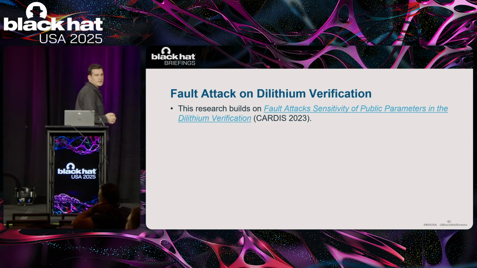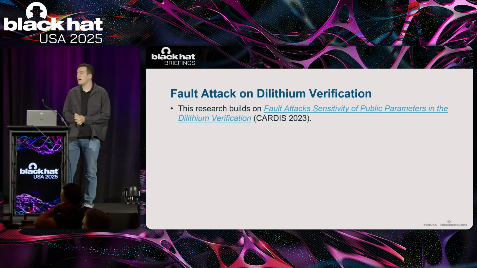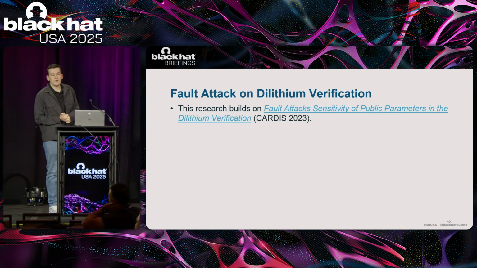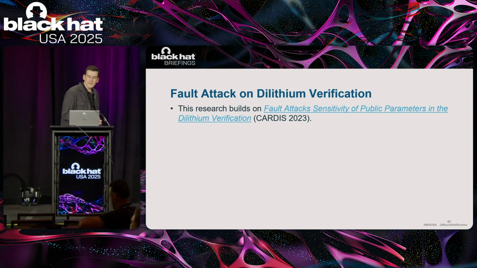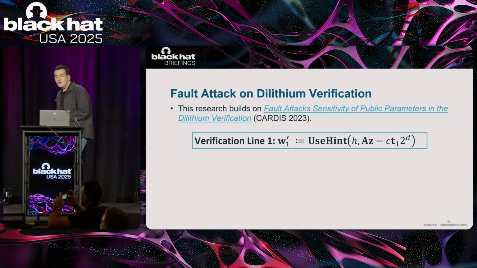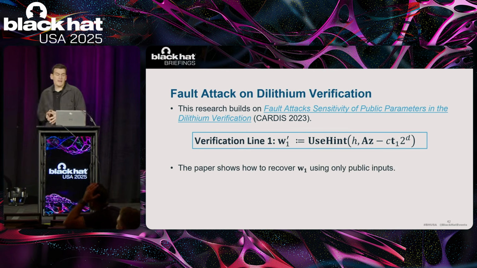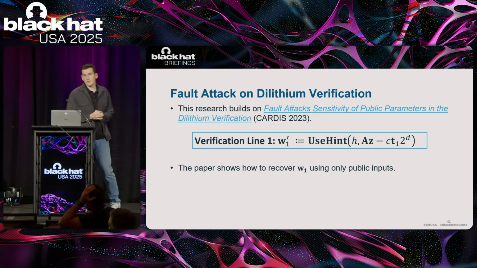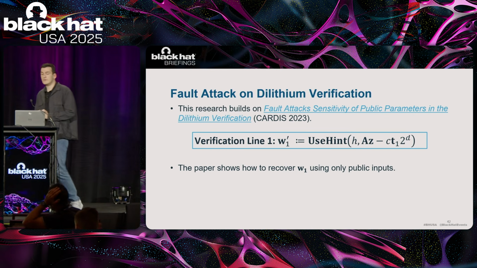For the fault attacks on the Dilithium verification, this research is built on the fault attack sensitivity of public parameters in the Dilithium verification. Let's remember verification line 1. This paper shows how to recover W1 using only the public inputs.